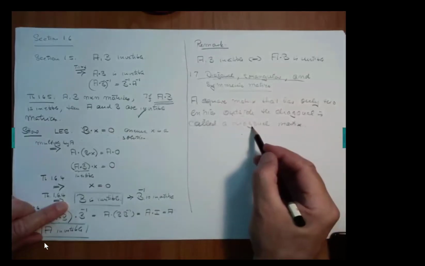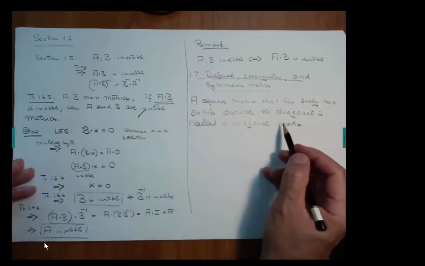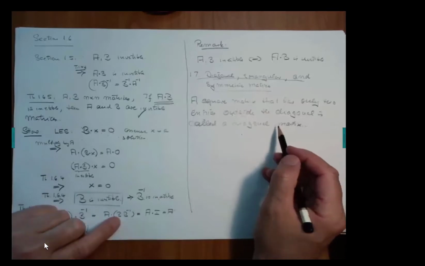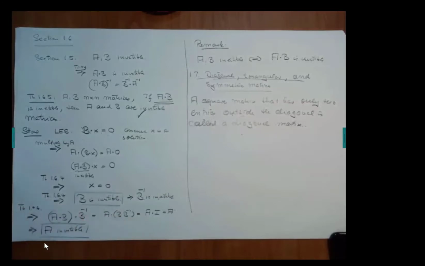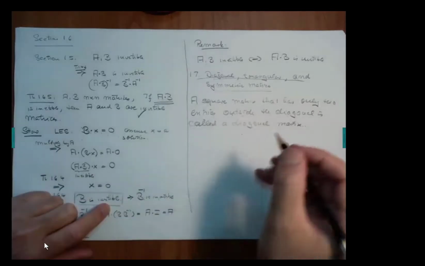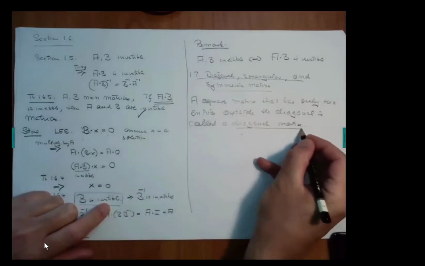So diagonal matrices can have non-zero entries only along the diagonal. Everything outside the diagonal has to be 0. That doesn't mean that along the diagonal there can be no 0. It just means outside the diagonal everything has to be 0. Okay, so that's what we call a diagonal matrix.